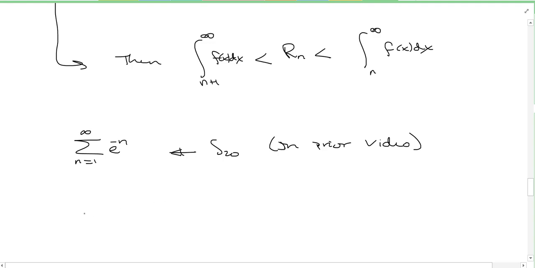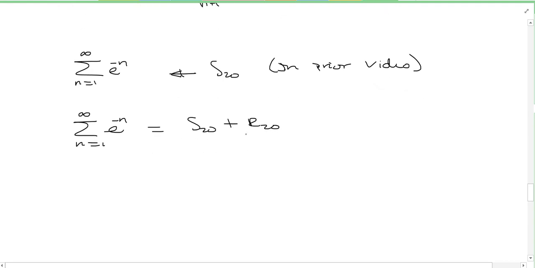So for this series, the sum from n equals 1 to infinity of e to the minus n is equal to S20 plus R20: the sum of the first 20 terms and then everything that remains. R20 will be a21 plus a22 plus a23 plus all those terms forever.